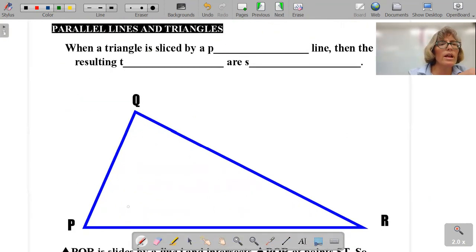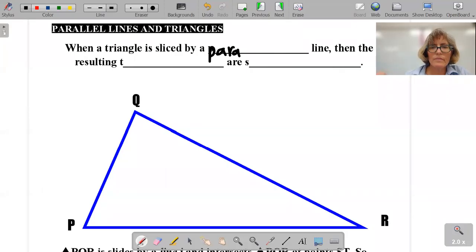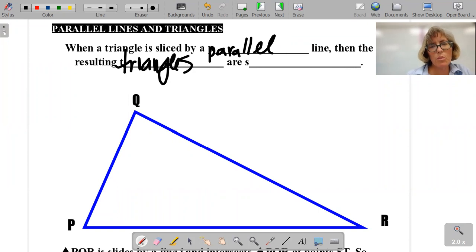I'm going to take a triangle and slice it by a parallel line. And you're going to end up, if we do that, with triangles which are similar.